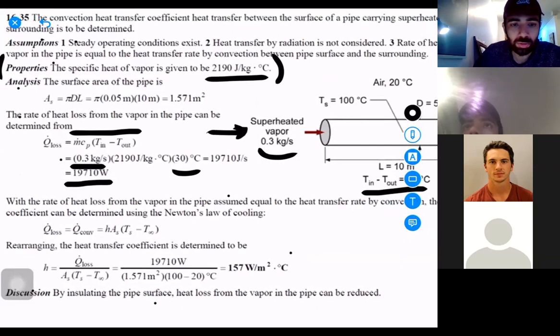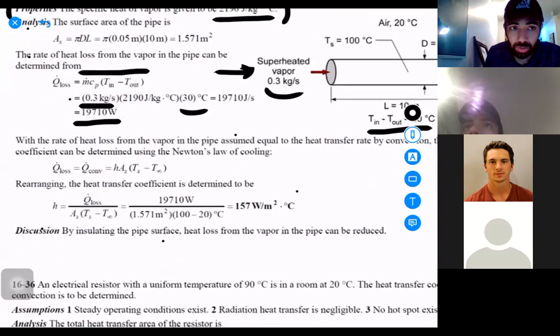This amount should be forced to be equal to the convection heat that is being discharged from the surface of my pipe to the surrounding air, and that is how we will find the convection h term.